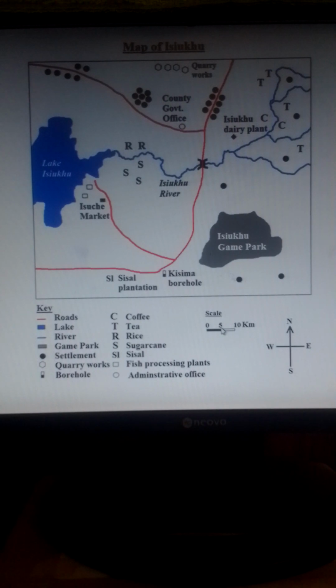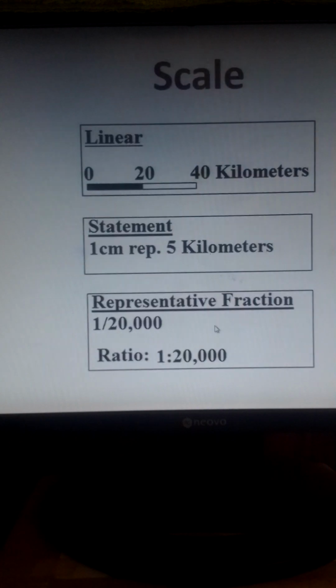We have different types of scales. Let's look at them. We have the linear scale, which is this one here. It is also called a graphical scale. Right? We also have the statement scale. In this case, 1 centimeter on the map represents 5 kilometers on the ground.